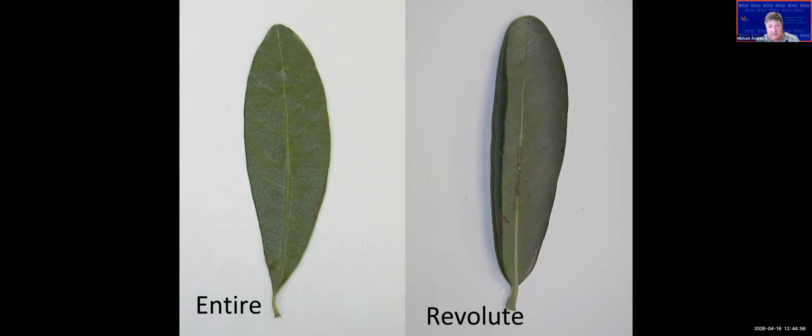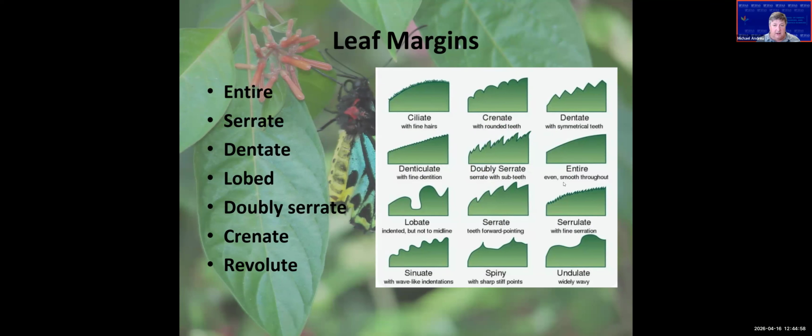One very common way to describe the leaf is by describing the outside edge of the leaf, or what we refer to as the margin of the leaf. That's that outside edge. Again, there are many, many different terms to describe that outside edge, whether it's smooth, which we refer to as entire, or if it has some kind of teeth on it.